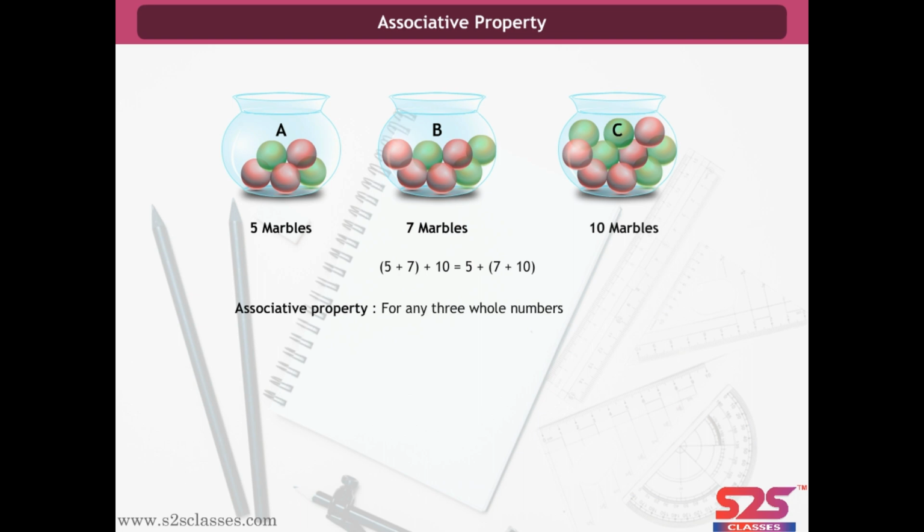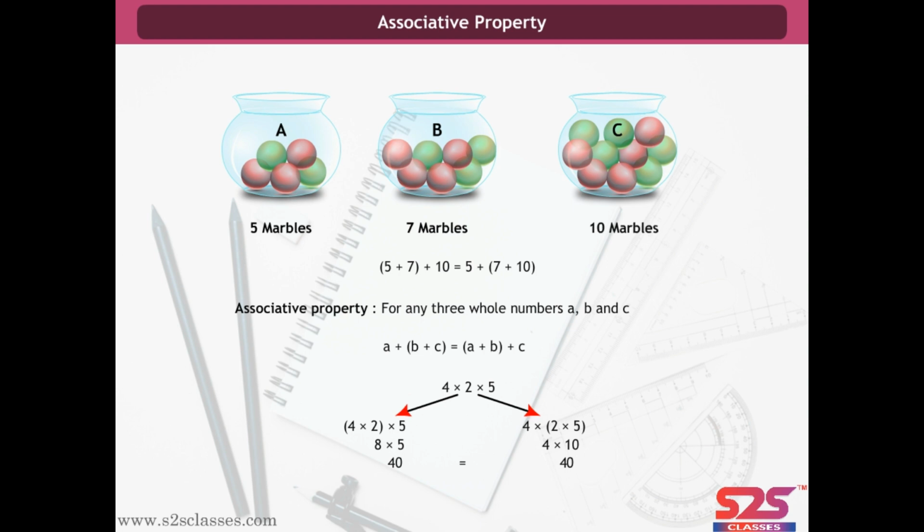That is, for any three whole numbers a, b and c, (a plus b) plus c is equal to a plus (b plus c). Now if we want to find the product of 4, 2 and 5, we can first find the product of 4 and 2 and then multiply it by 5, or first find the product of 2 and 5 and then multiply it by 4.